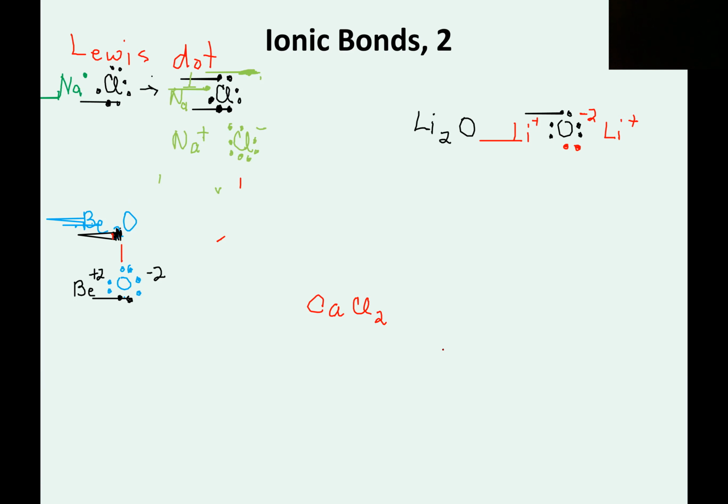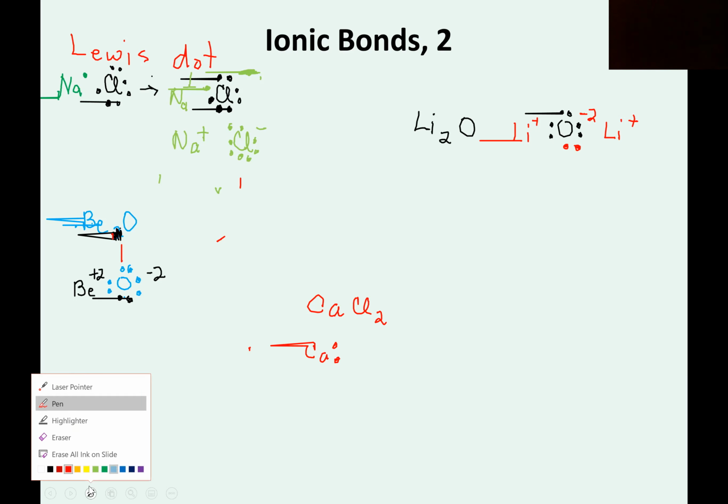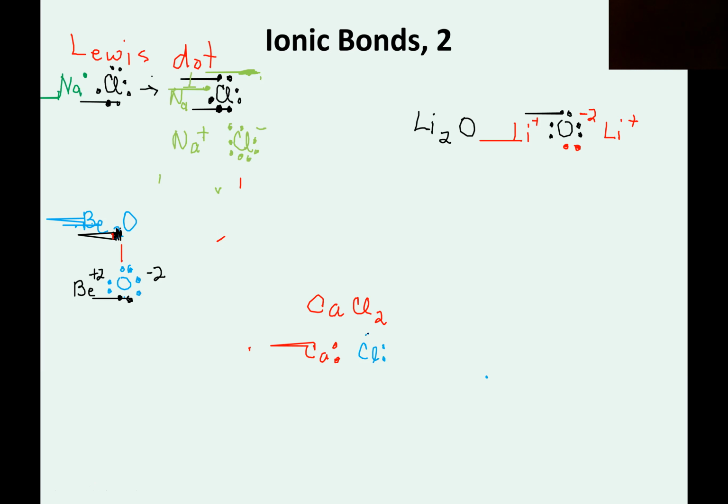So calcium has 2 electrons in its valence shell, and each chlorine is going to have 7.